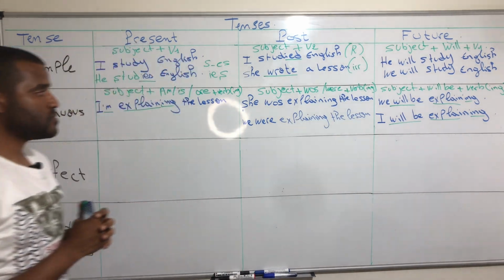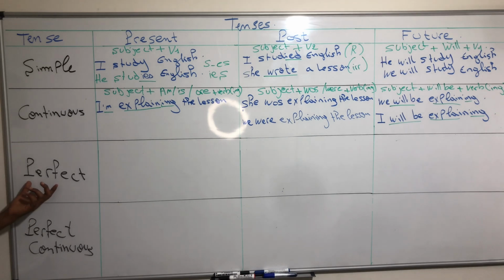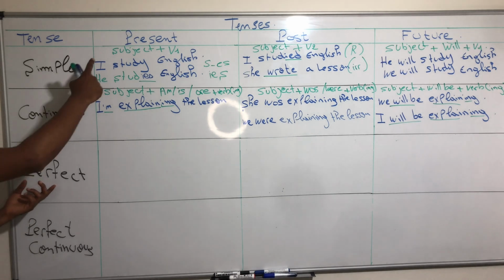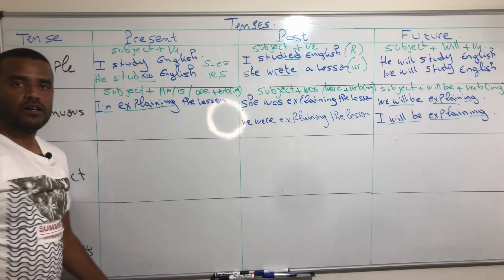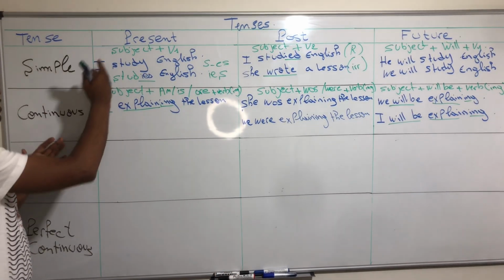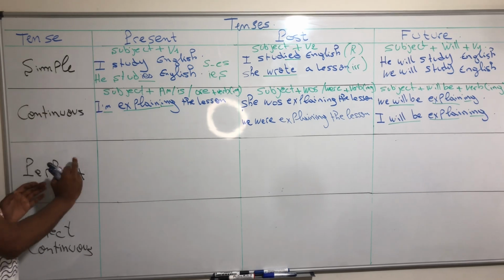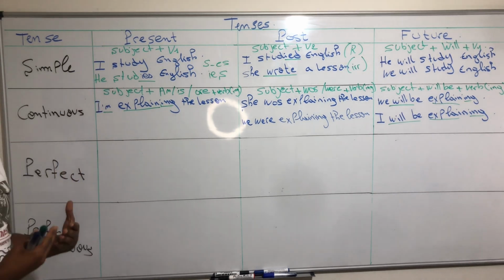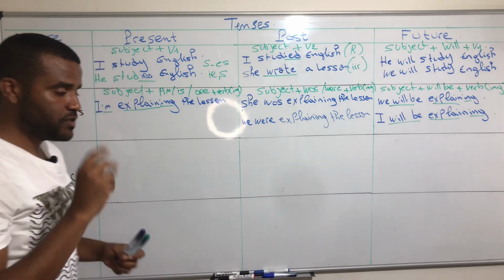Good. We move to the perfect part. We have present perfect. How do we make a sentence in present perfect? You need two things.